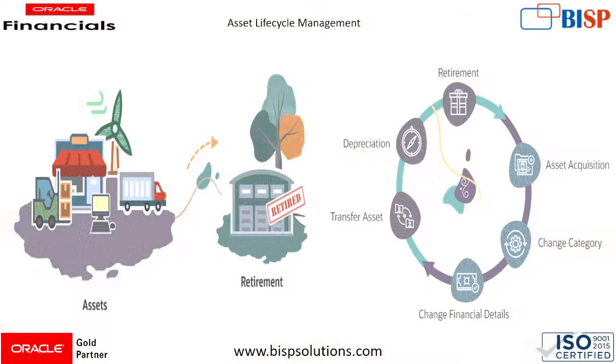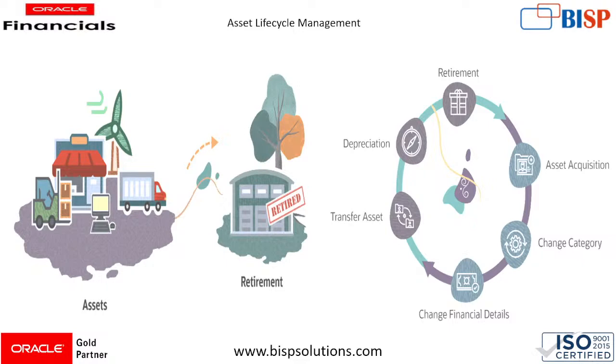Now the asset lifecycle management. You can see asset acquisition is the first step. Then we change the category, so we provide the category. On the basis of the category, the depreciation method or depreciation convention is attached to that particular asset category. And we provide the locations.